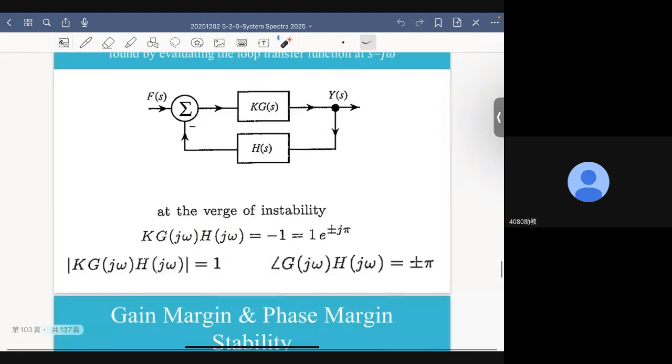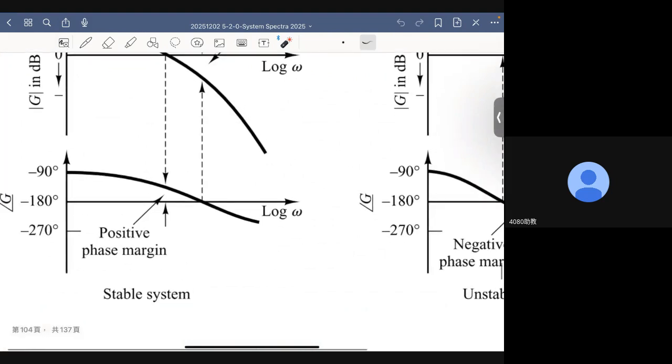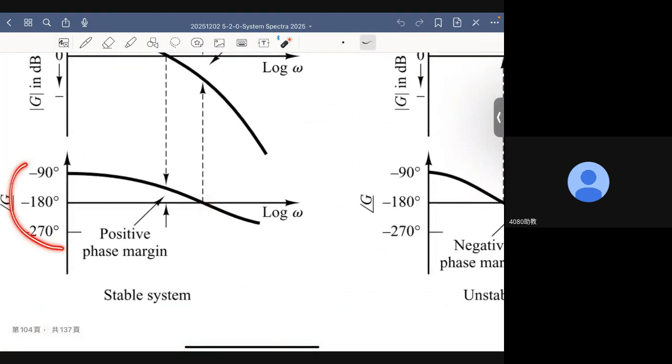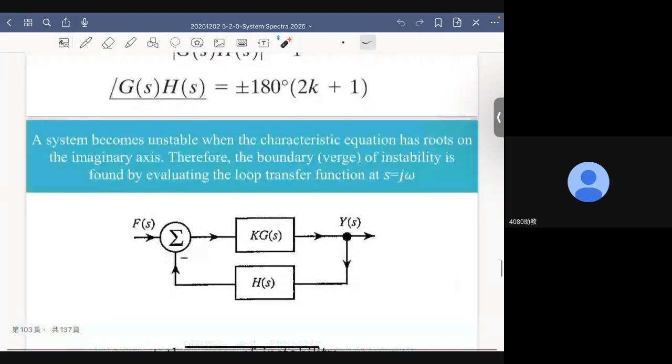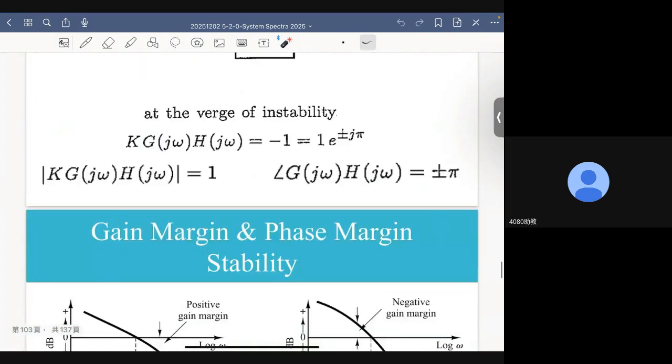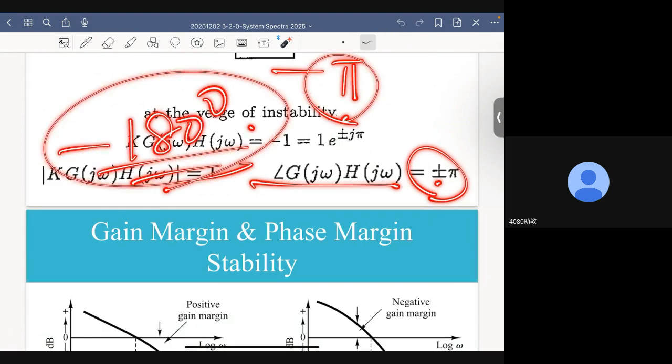Similarly, the reason why we define the phase crossover frequency as the frequency where the phase angle is minus 180 degrees is because on the verge of instability, the angle is this, which happens to be minus pi, which is minus 180 degrees, all right?